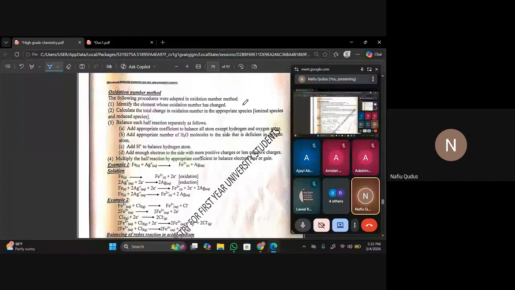That's number one. Number two is that after we've identified that this element undergoes oxidation, while the other one undergoes reduction, the second thing is that we need to balance each half cell separately.